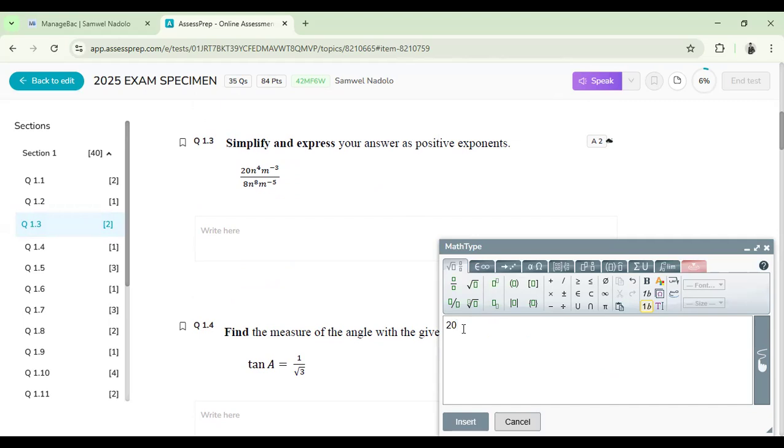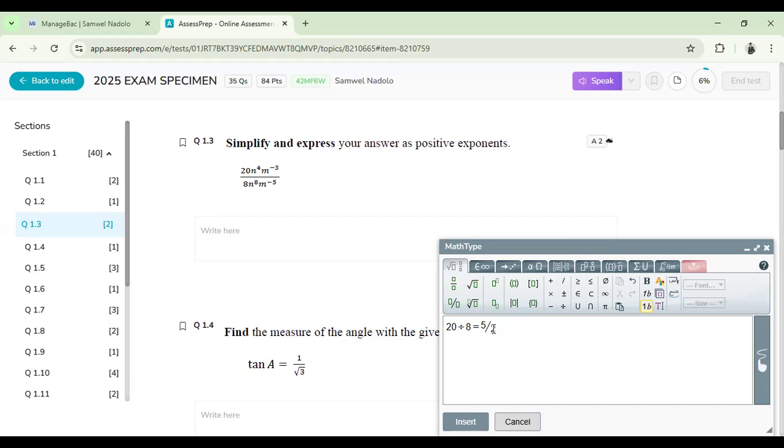So you can say 20 divided by 8. You can simplify that. 4 divided by 4 is 1, and 8 divided by 4 is 2. So you will get your answer as 5 divided by 2 in simplified form.